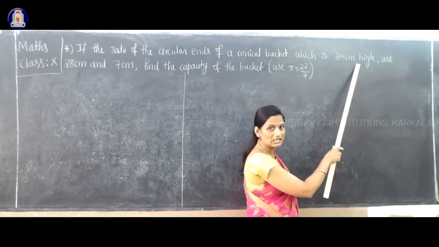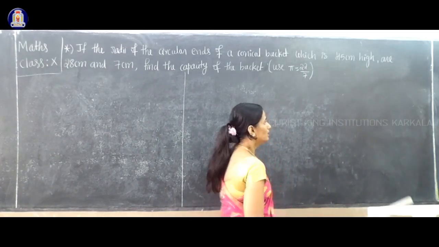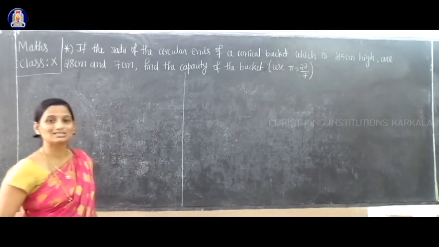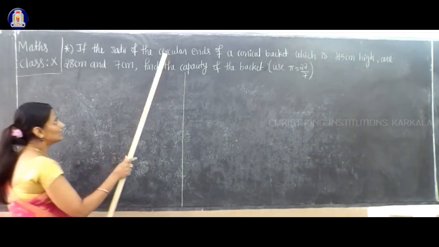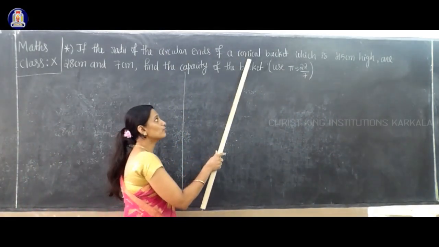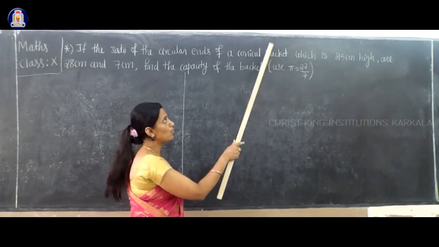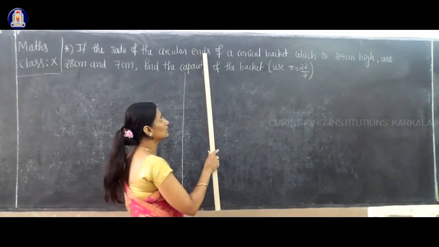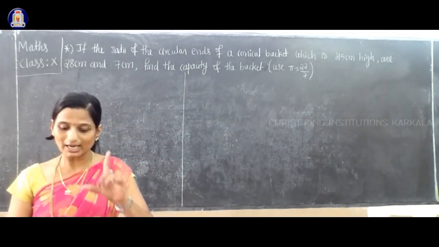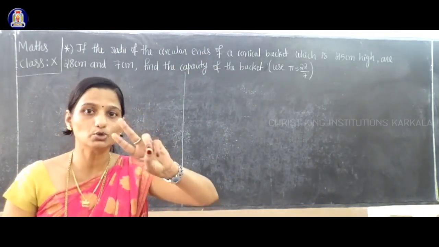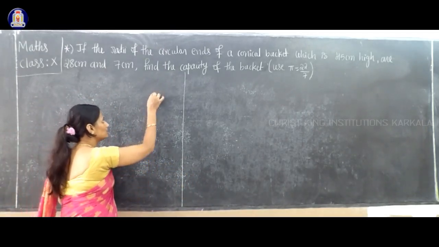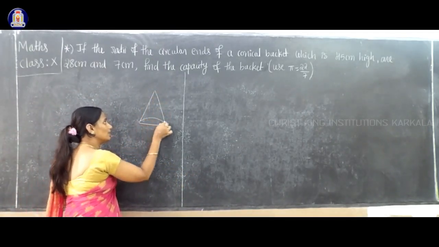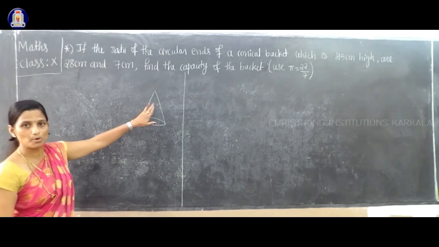What do we find here? The capacity of a conical bucket with two circular ends. Conical shape means this is a cone shape, right? Can we use the volume of cone formula here?